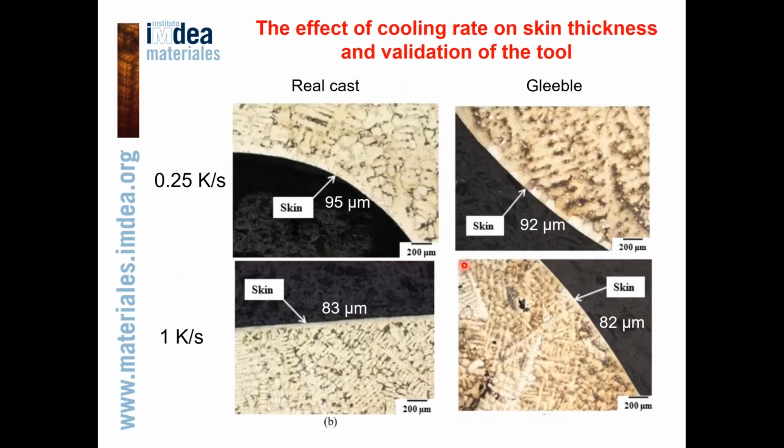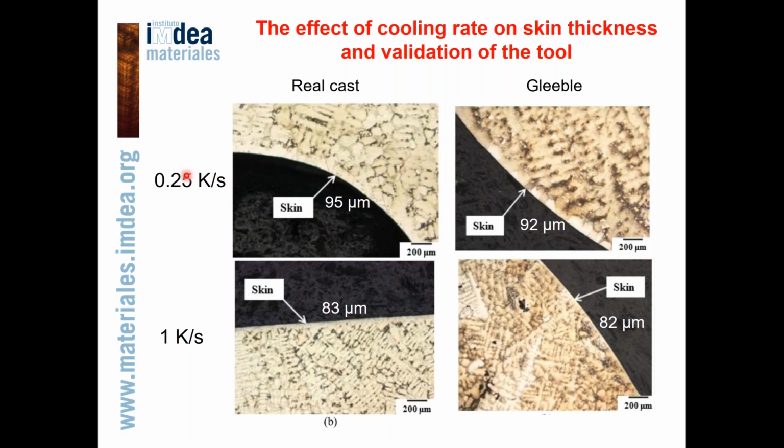Now let's compare the skin formed during investment casting of the Gleeble samples and the skin formed during investment casting of a real nozzle guide vane in the area which was cooled with the same cooling rate. Again, we look at two different cooling rates of 0.25 and 1 degree per second.